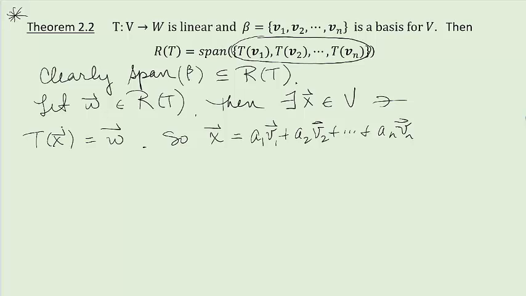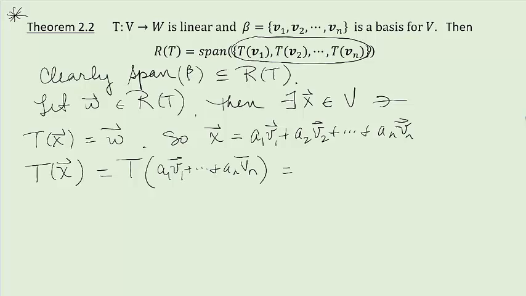Since beta is a basis, T of X, which is our W, is equal to T of a1 v1 plus a sub n v sub n.